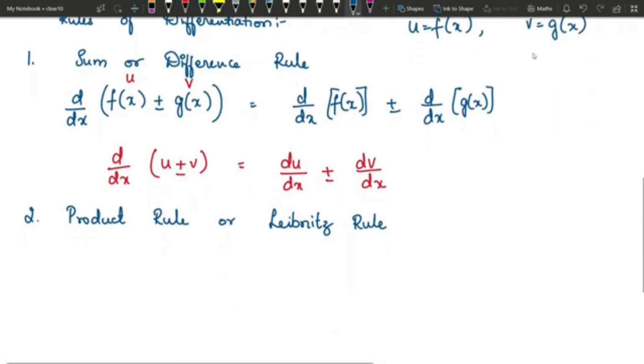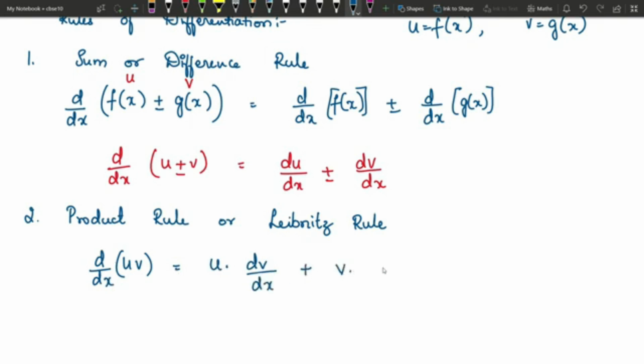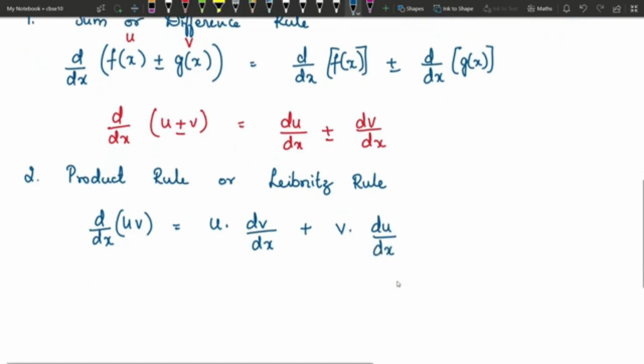So considering these two functions u and v, if you have a function which is the product of u and v, then the derivative of this is first function into derivative of second function plus second function into derivative of first function. This is product rule.